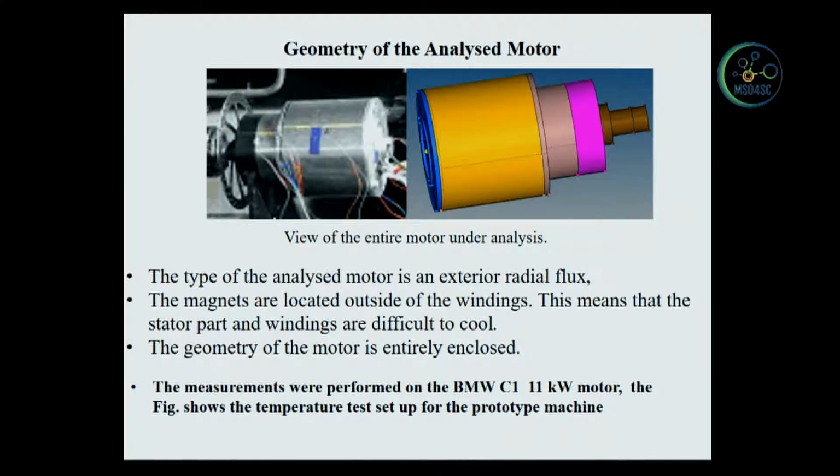That means that the magnets are located outside the winding, and the stator and the winding are difficult to cool. And the geometry of our motor is totally enclosed, as you can see here. And the power of this motor is about 11 kilowatts.